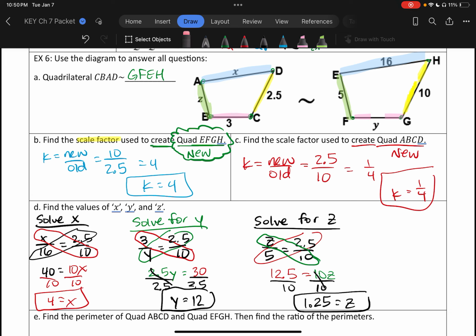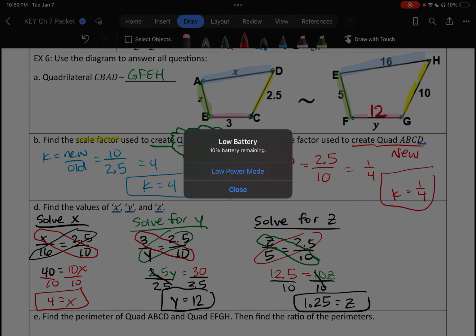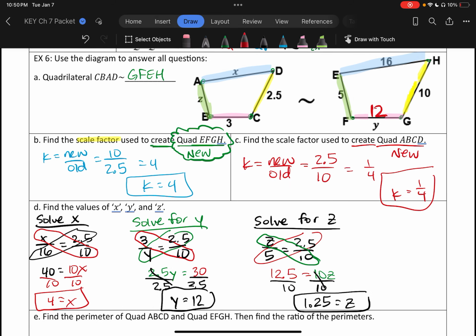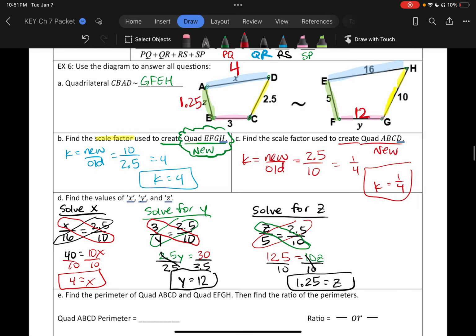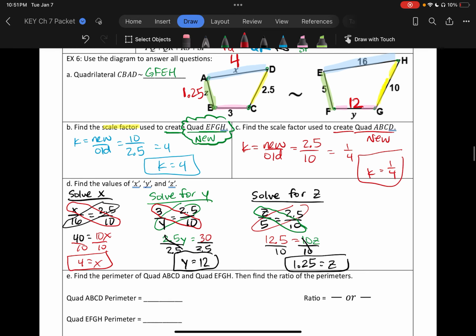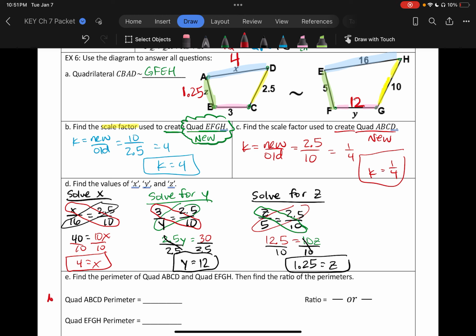So for this one, this was 12 for y, right? Z, we got 1.25. And x, we got 4. So if I want to find the perimeter, let me zoom out a little bit here so we can see the whole thing. Quadrilateral ABCD, the perimeter would be us adding up all the sides.